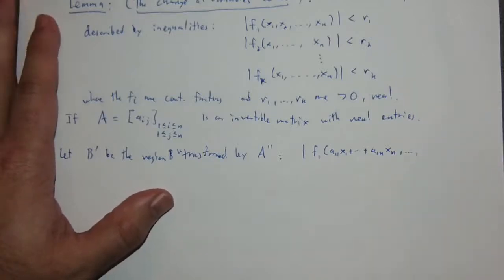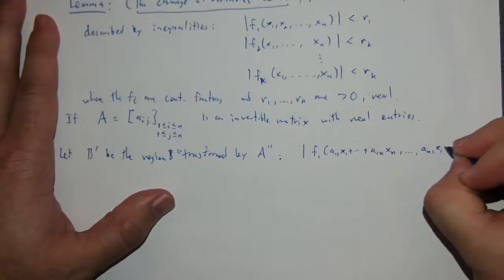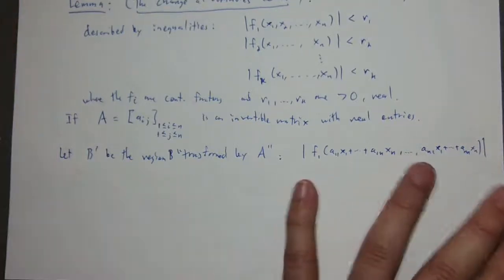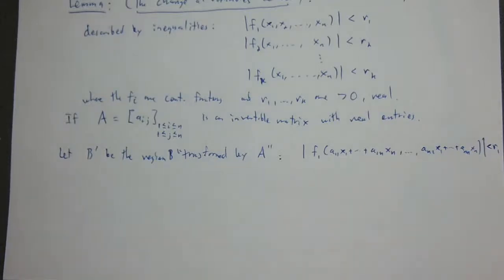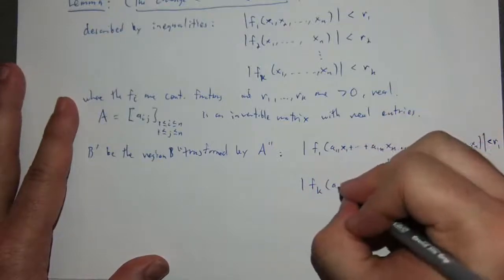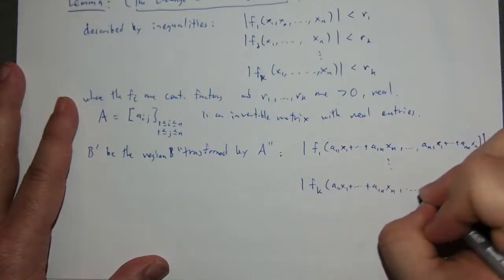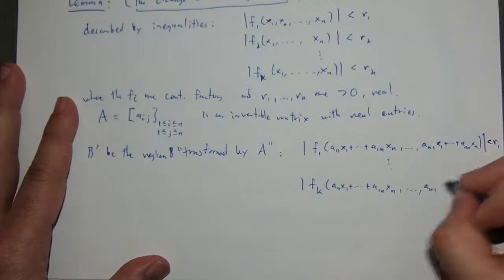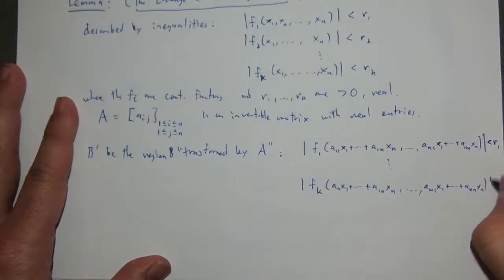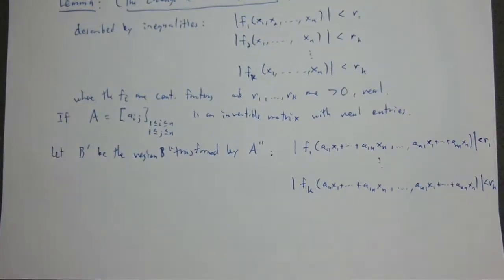I replace each of these slots with these linear combinations out to a_nn x_n, and this is strictly less than the same r_1, and so on all the way to f_k. Same notation. We are not going to need to do this except once, and it will be worked out for us, so don't panic. We're going to need to apply this formula really carefully.